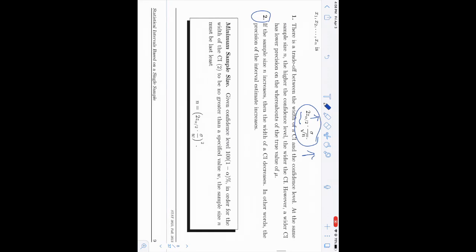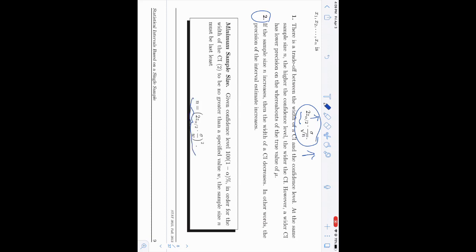Now here we have another important topic, that is minimum sample size. Given the confidence level 1 minus alpha, in order for the width of the confidence interval in formula 2 to be no greater than a specified value omega, the sample size n must be at least this.